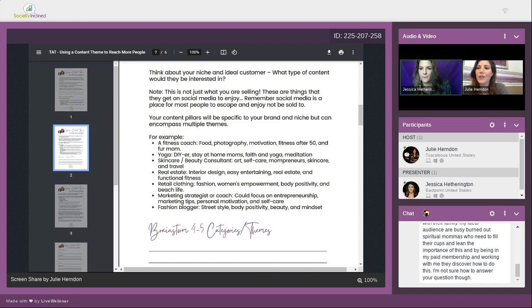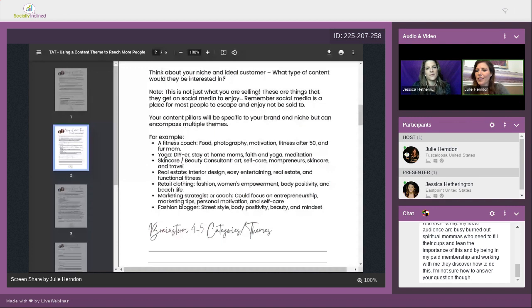And we talk about this all the time, being attraction marketing or pull marketing versus push marketing. If you're constantly just pushing your products on people, you are pushing them away. So you want to pull them in with good other content that is relatable, but that plays on your target market and whatever you're selling.